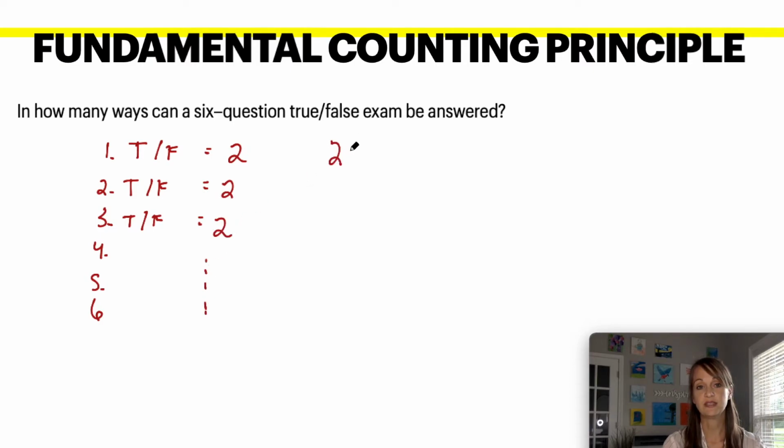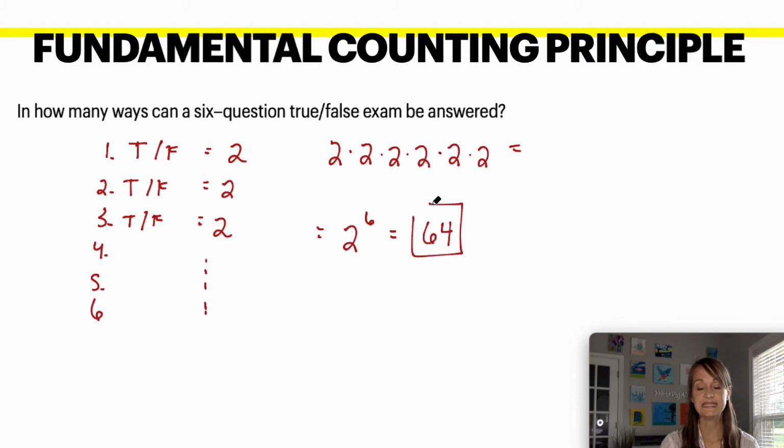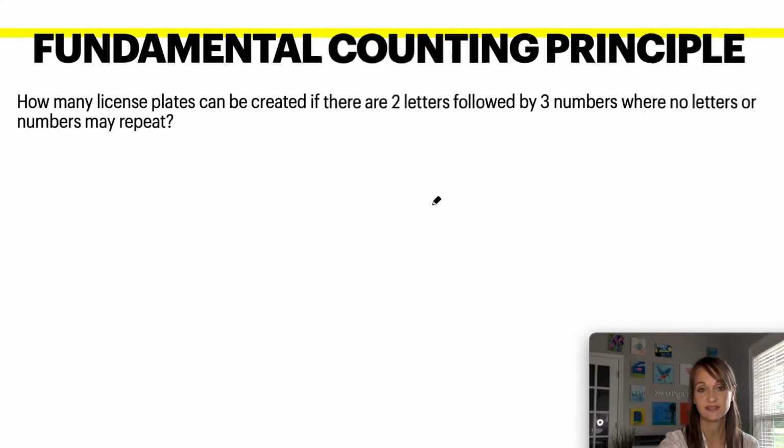So you're multiplying by 2 six times, or you could say it is 2 to the 6th power. So your answer should be 64 different outcomes of an answer key for a 6-question true-false exam.